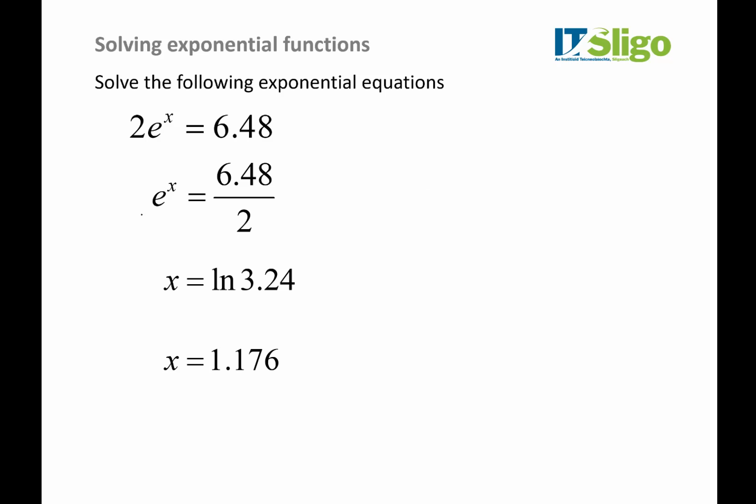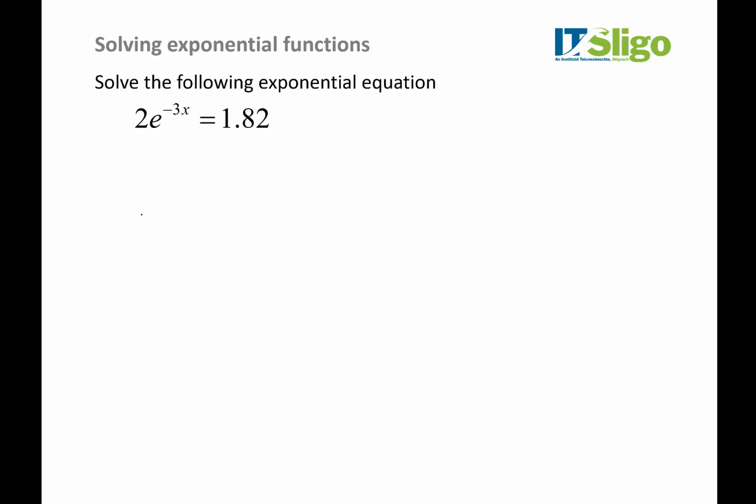We look at another example. This is similar. Again, we need to work our way, first of all, get rid of the 2, then get rid of the e, and then the minus 3. To get rid of the 2, divide both sides by 2. Now we want to get rid of the e, so we get the natural log of both sides.